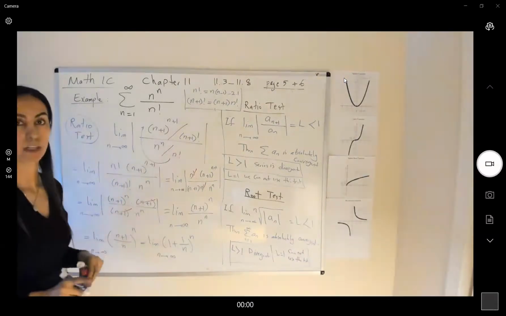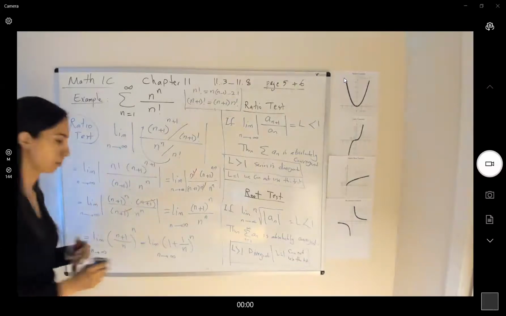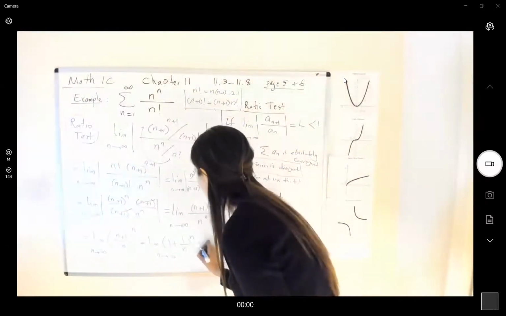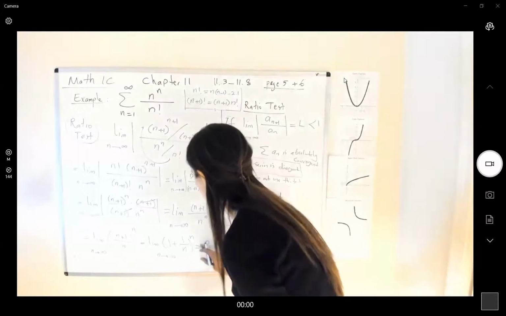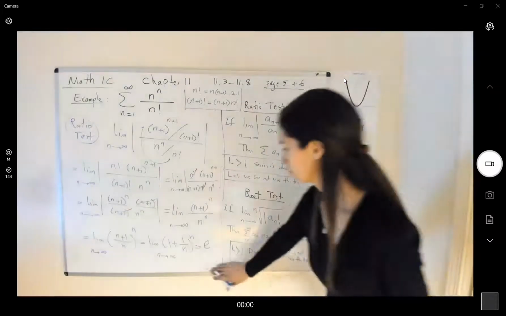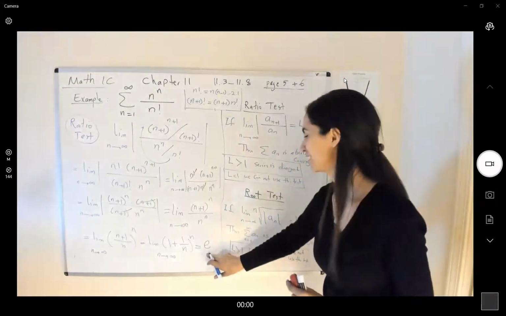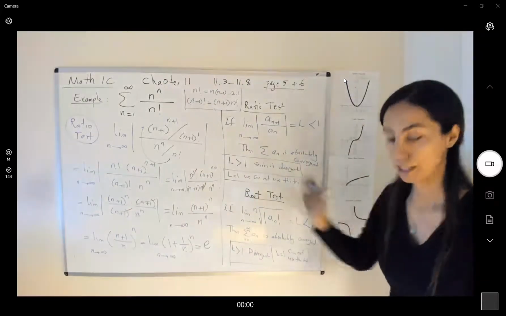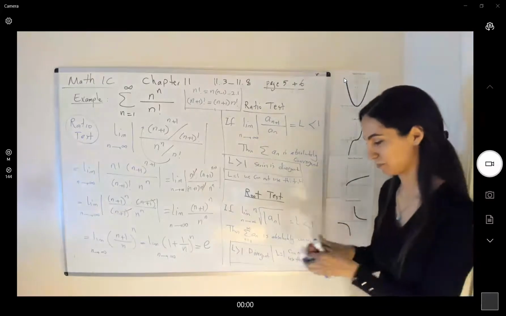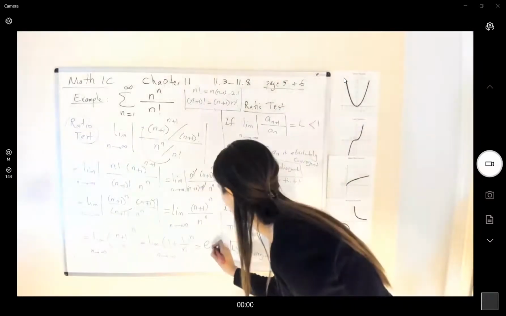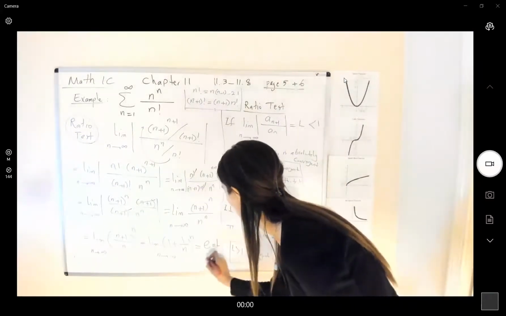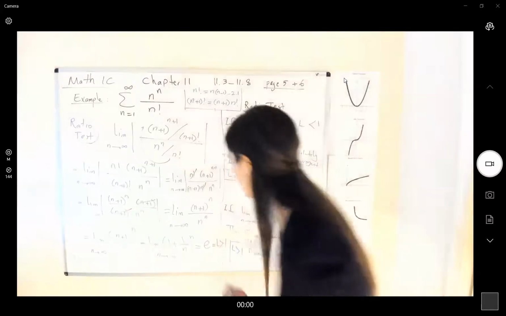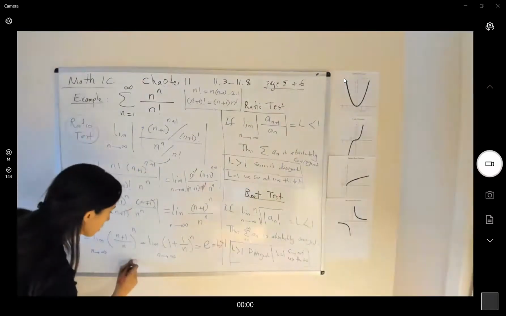And if you remember the definition of the Napier number, this is equal to e. Of course, e is 2 point something, so your L is greater than 1. Greater than 1, so we have a divergent series.